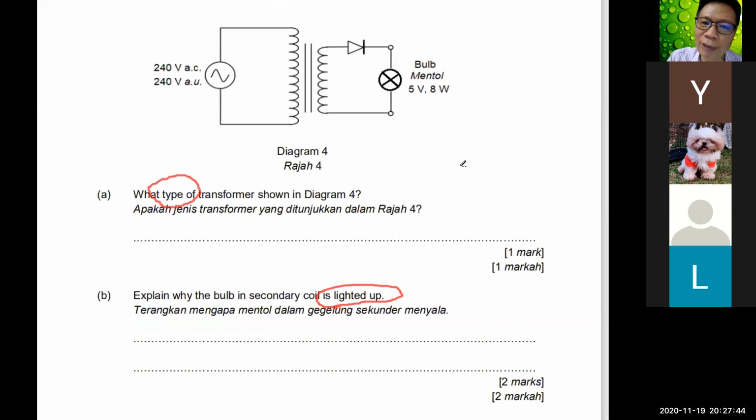If you only give the answer because of current, then you don't get marks. You have to explain how this input 240 volt can step down to 5 volt, and then make the bulb light up.